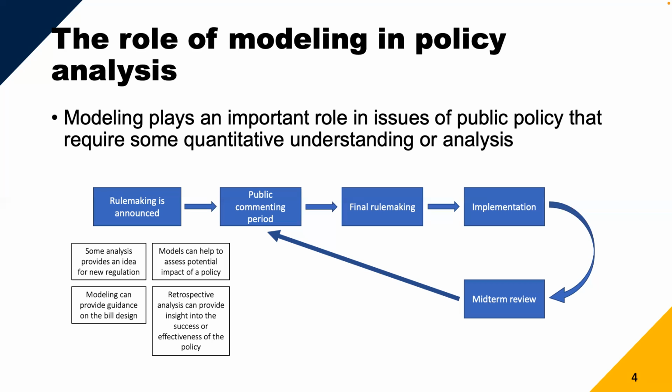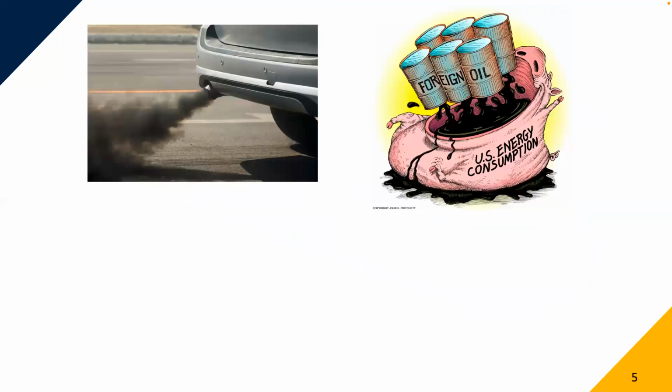So today we'll be talking about a specific regulation and thinking about the sort of modeling process that has gone into it. So to motivate this, there are a couple of broadly important issues related to this regulation.